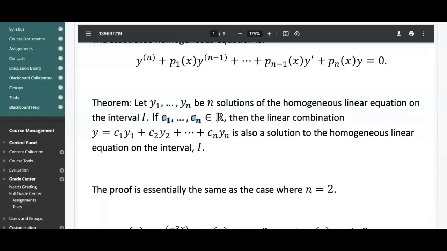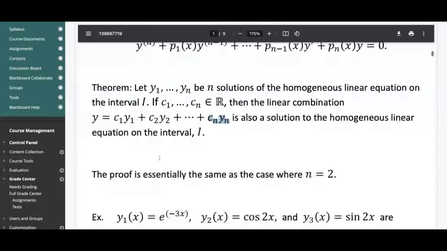C1 up to Cn are some real numbers. Then the linear combination C1 y1 plus C2 y2 plus so on up to Cn yn is also a solution to the homogeneous linear equation on the interval, right?